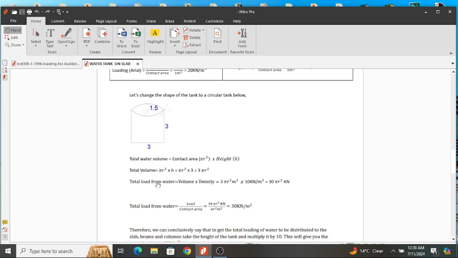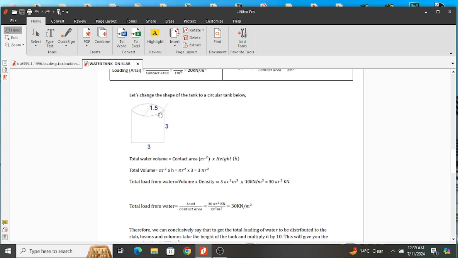The total load from our water equals volume times density. Our volume is 3 pi r squared. The density of water is 10 kilonewtons per cubic meter. So you multiply 3 by 10. Therefore, the total load from the water is 30 pi r squared kilonewtons.